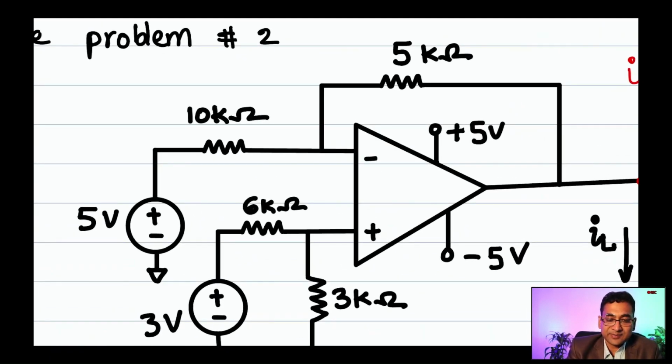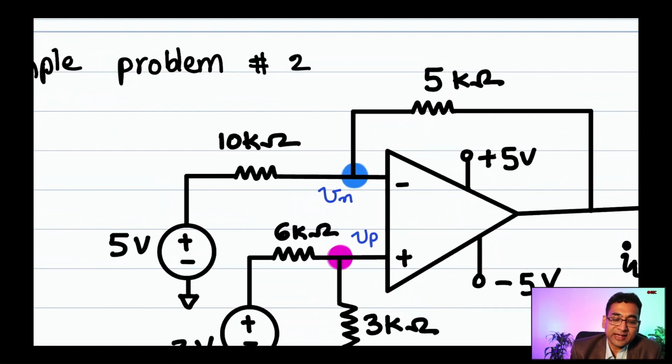This node right there, that's Vn. And of course, the node down below is Vp. That guy is Vp. All right, the second step is to apply KCL at node Vn.